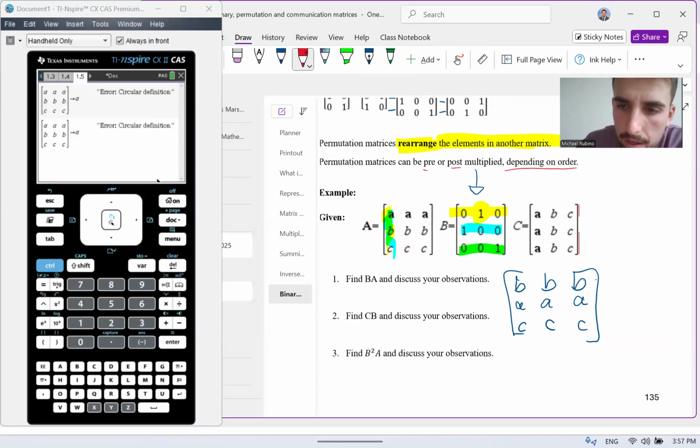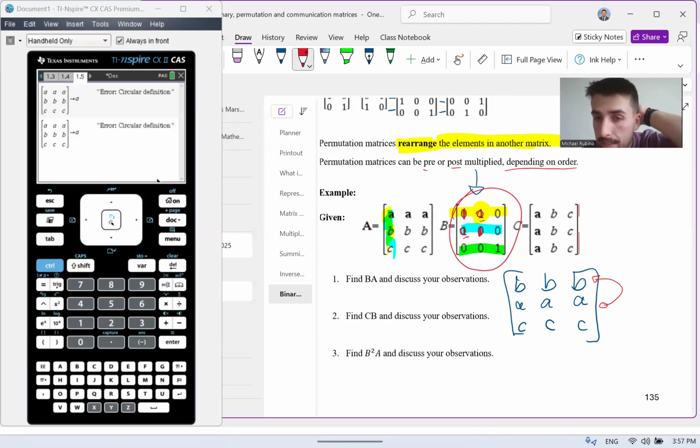What we have noticed here is that these two swap positions. And the reason they swap positions is because of how this matrix is set up. Now, if there was a 1 here, a 1 here, a 0 here, and a 0 here, what matrix have we made?